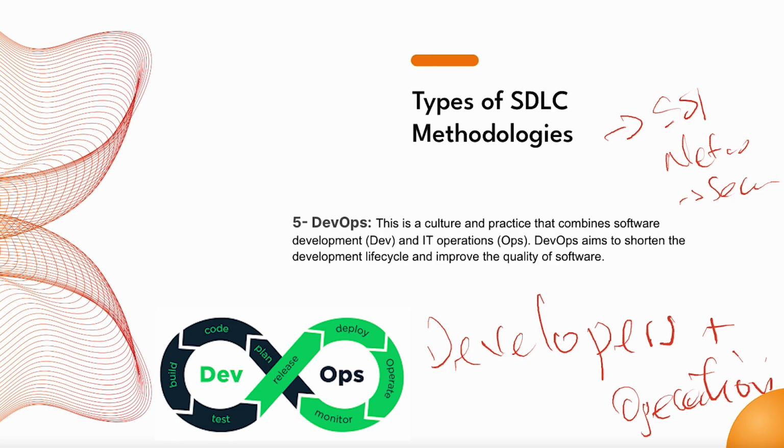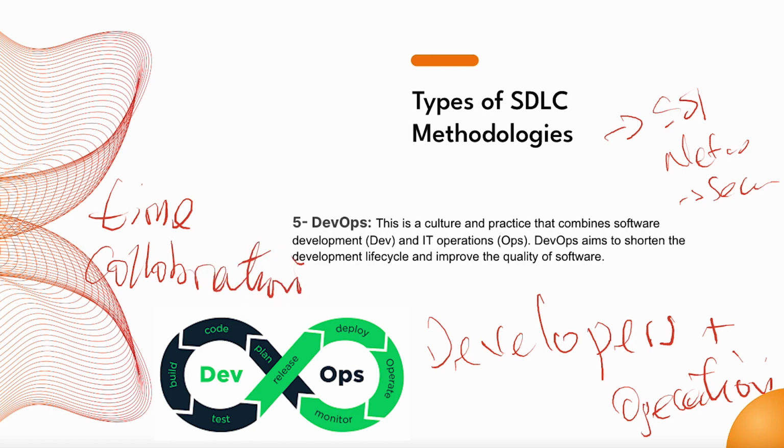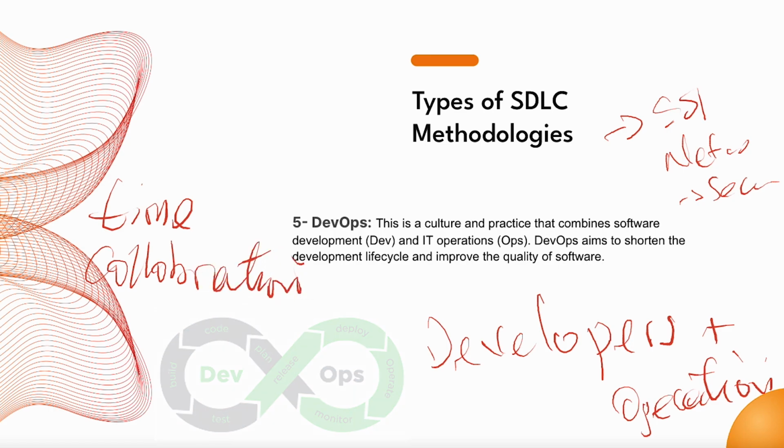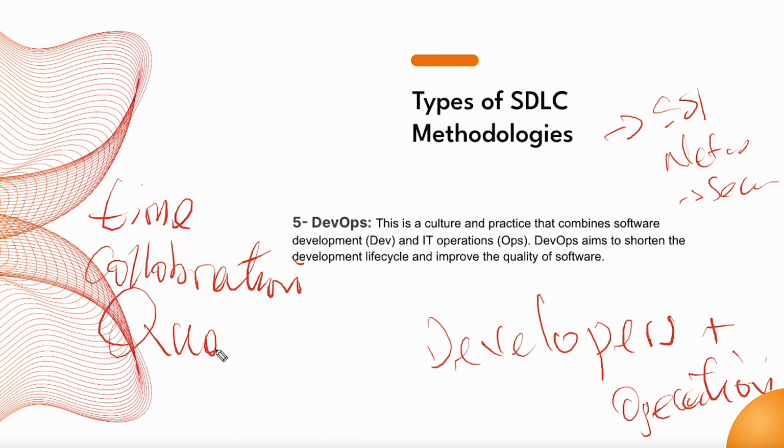To combine developers and operation, and the reason it's doing this is to shorten the software development life cycle and improve quality. So what this model is trying to do is save time, improve collaboration, and also ensure that there is quality.